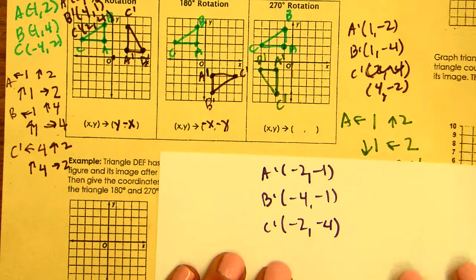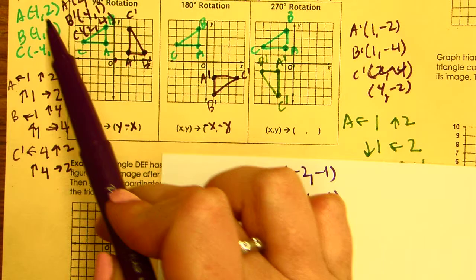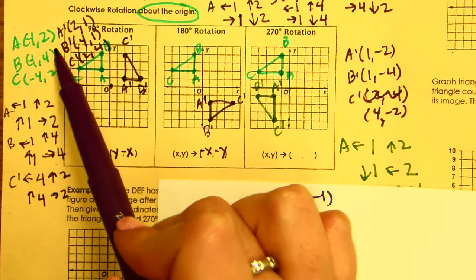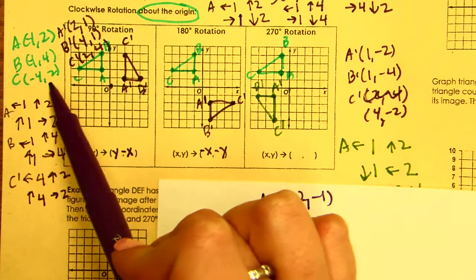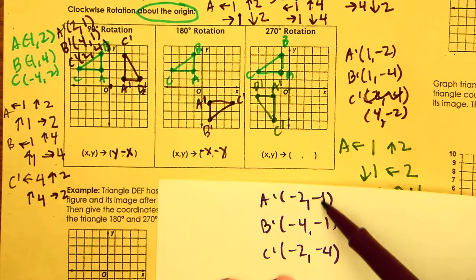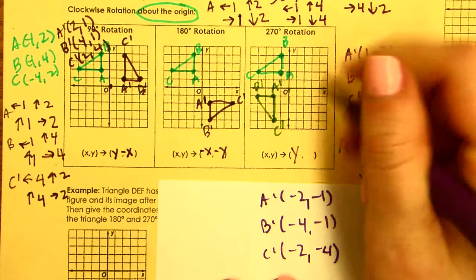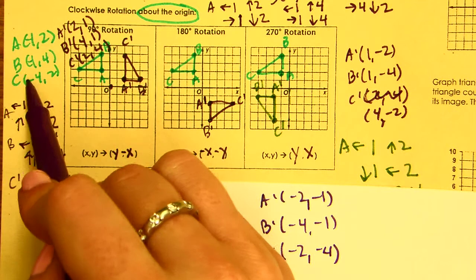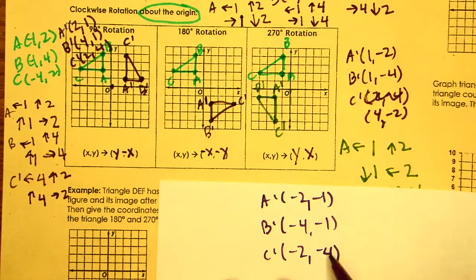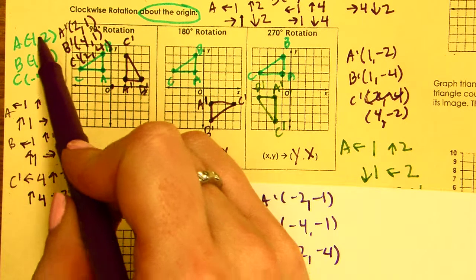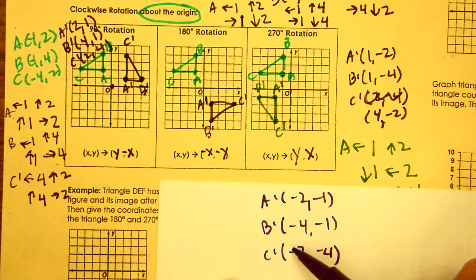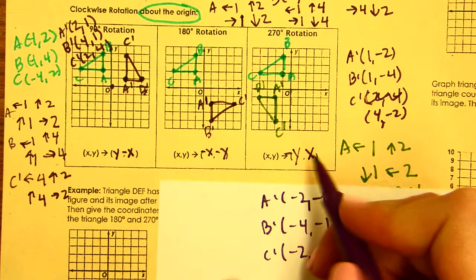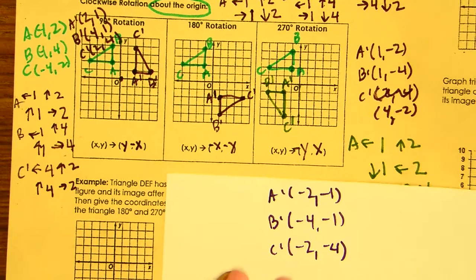So go back to these original coordinates. And again, the x and the y switched places, right? We have 1, 1, 4. That's now on the right side. So I know my x and my y switched places. These ones kept the same sign. These were all negative. They're still all negative, so that's not going to change. But these were all positive, and now when they move to the front, they're all negative. So I'm going to take the opposite of the y coordinate and the x coordinate. So I can use that formula.